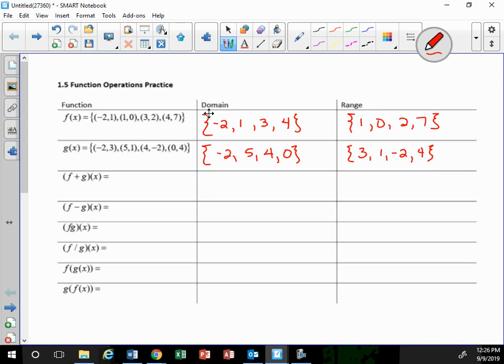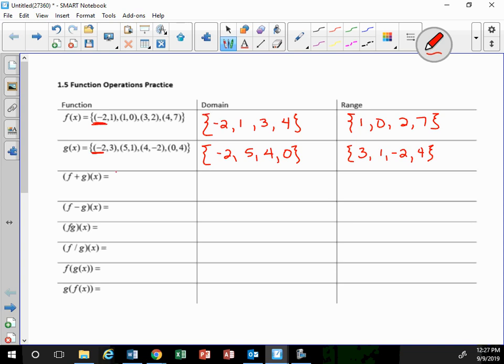Okay, when you do your operations with functions like this, so the first one, it says f plus g of x. What you have to do is find coordinates where the x's match up, and then you can actually do the operation on the y's. So my first point for f of x, I see an x value of -2. Is there a -2 for the x value in g of x? Yes.